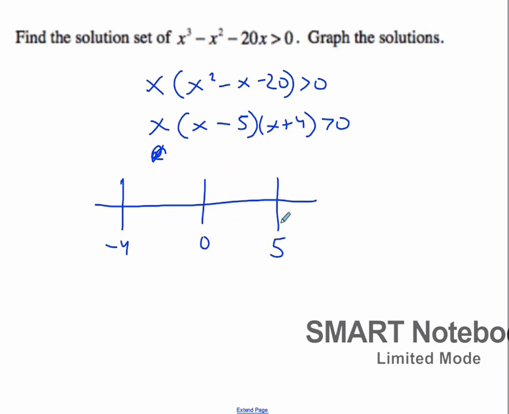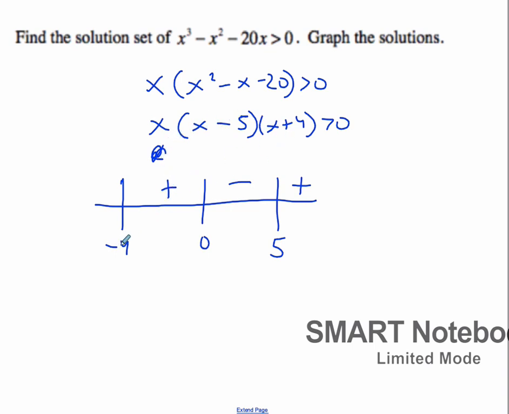So between 0 and 5, we can plug in a number like 1. If we plug in 1, then we're going to have 1 times negative 4 times 5. So it's going to be positive times negative times positive, so that's going to be negative. And over here, if we plug in a number bigger than 5, then all these terms are going to be positive, so the whole thing is positive. If we plug in a number like negative 2, then we'll have negative, negative, positive, so the whole thing is going to be positive.